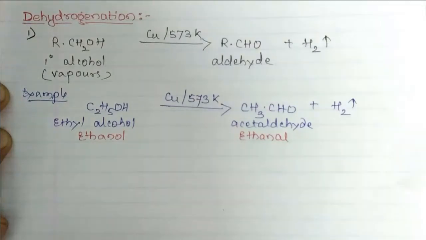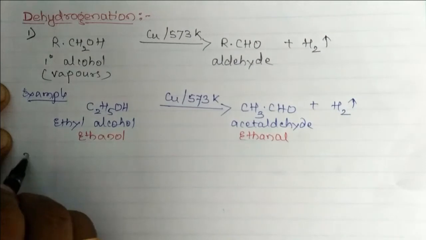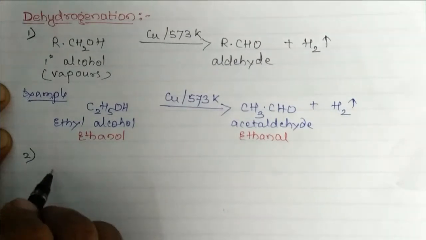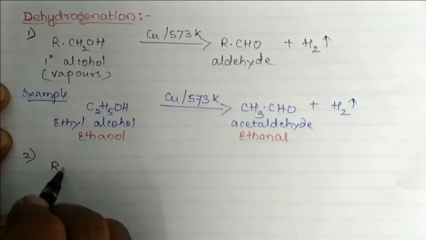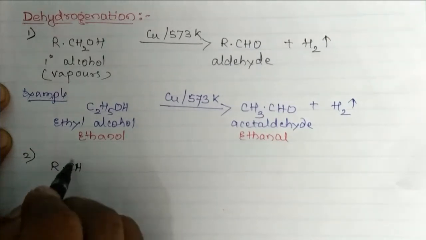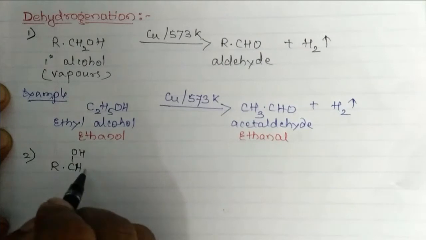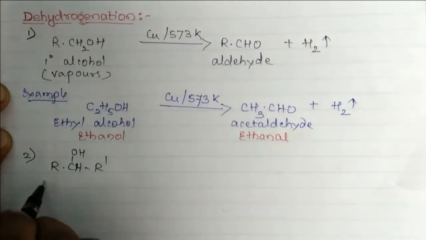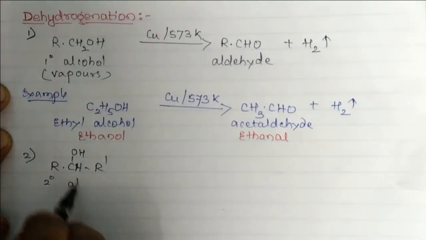Now let us see the dehydrogenation reactions of secondary alcohols. Number 2, vapors of secondary alcohol. The general formula is RCHOHR'.